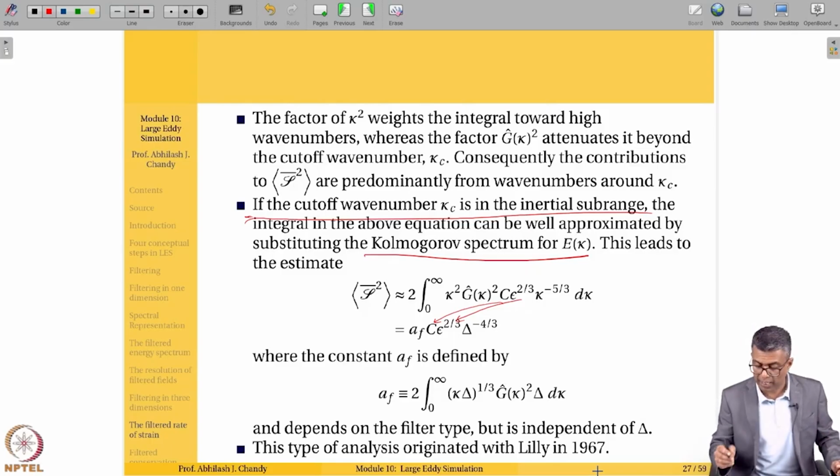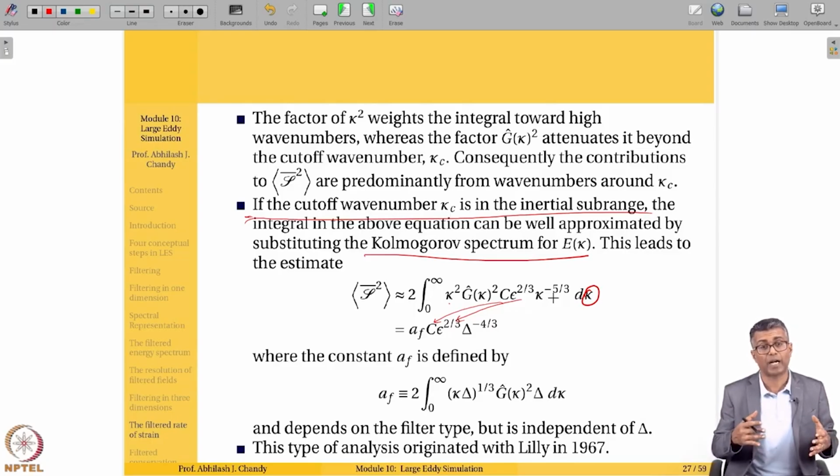In order to do that, I have a kappa here, and I want to scale that kappa by multiplying it with delta. Then I also have a kappa squared times kappa to the minus 5/3, isn't it? So that becomes kappa to the 6/3 minus 5/3, kappa to the 1/3.